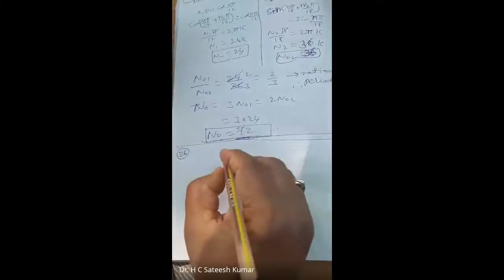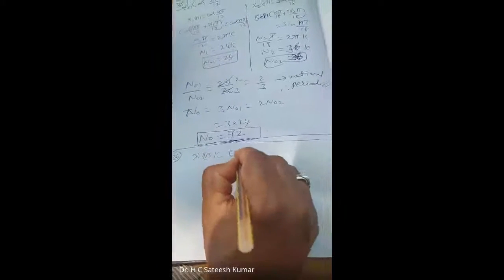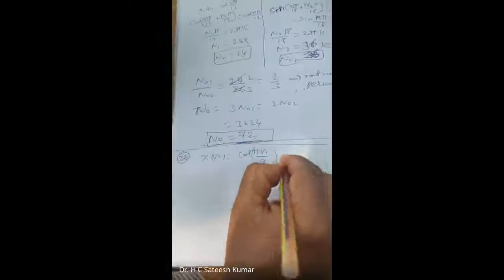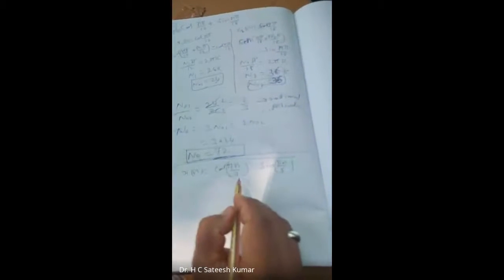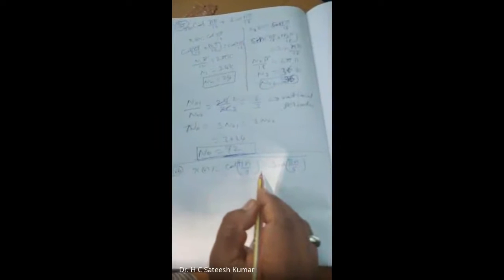They'll give x of n is equal to cos of pi n by 7 into sine of pi n by 5. This kind of question we have seen in many papers. The numbers may differ. I have seen this question like 3, 5, 2, 5, this kind of 5, 3 combination. These things we have seen in many papers.